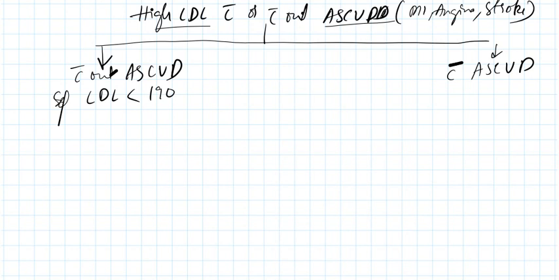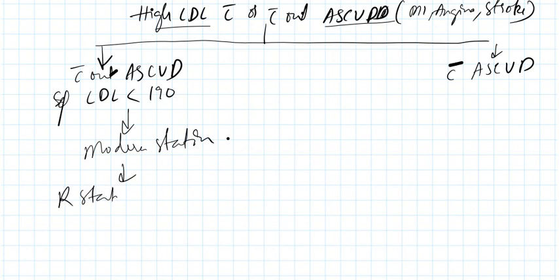You will just go with moderate statin therapy. What is meant by moderate statin therapy? You will give rosuvastatin 5 to 10 mg and atorvastatin 10 to 20 mg.